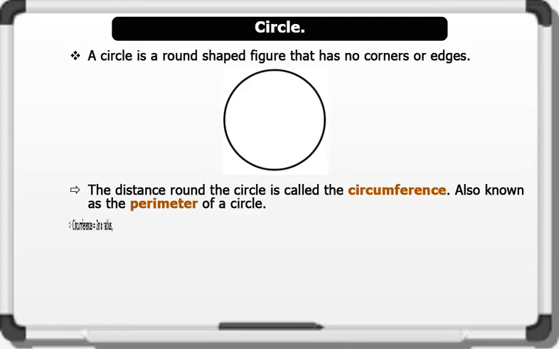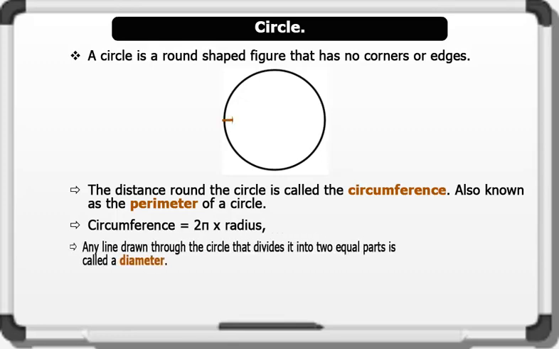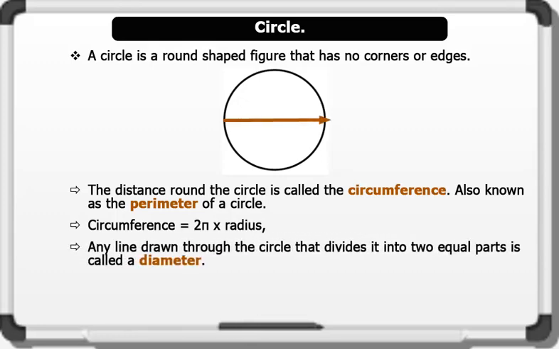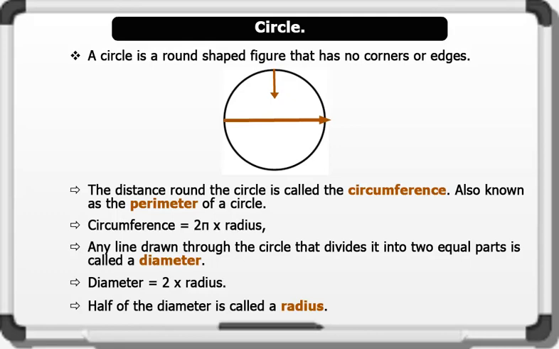The formula for circumference equals 2 pi times radius. 2. Any line drawn through the circle that divides it into 2 equal parts is called a diameter. The formula for diameter equals 2 times radius. 3. Half of the diameter is called a radius. That's brilliant. Now, let us look at polygons.